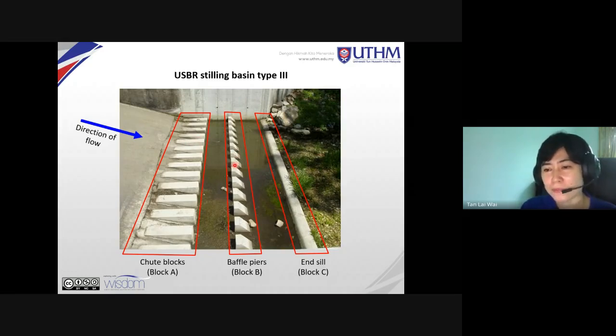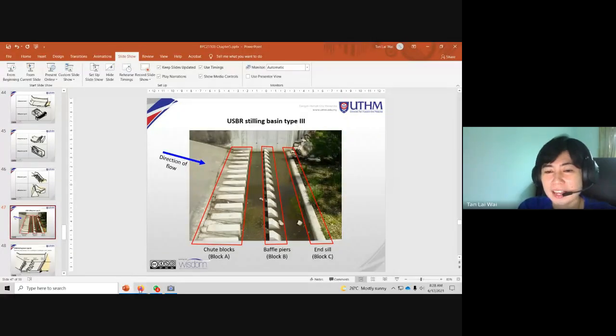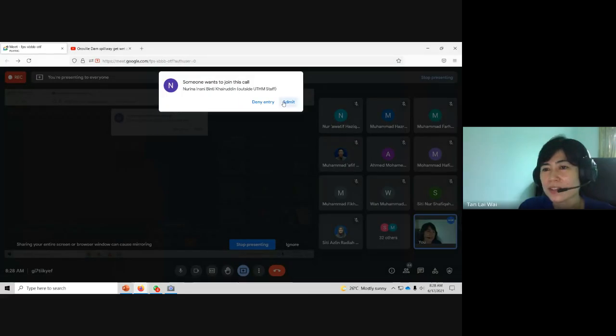Similarly, for block B, and of course block C, you only need one block. You don't need to provide the quantity, but you need to provide the height as well as the width.